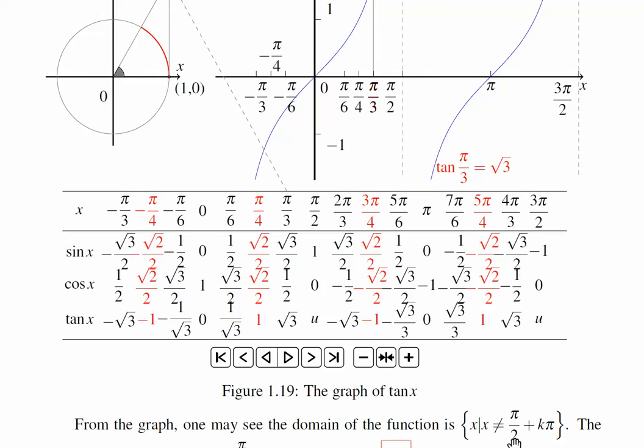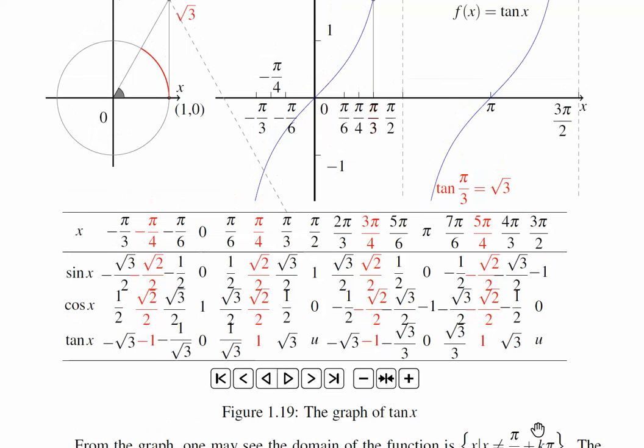So that's why this is the domain. X cannot be 90 degrees plus any k times 180 degrees. This is expressed in radian. The one I read is in degree. Okay, so that's the domain.